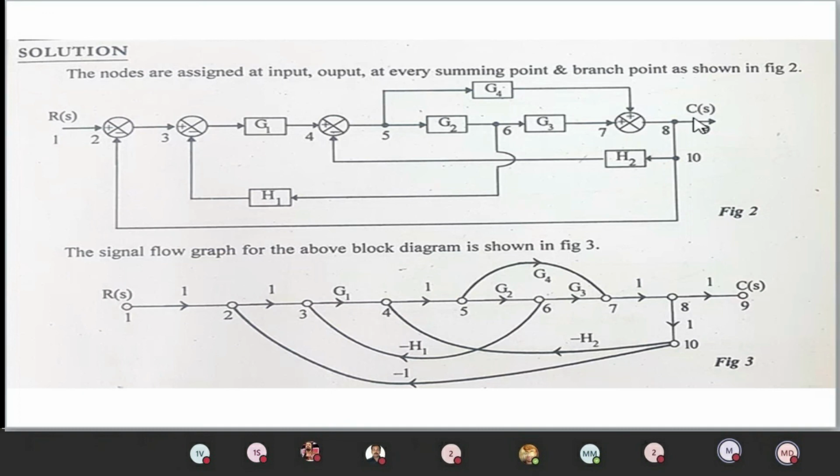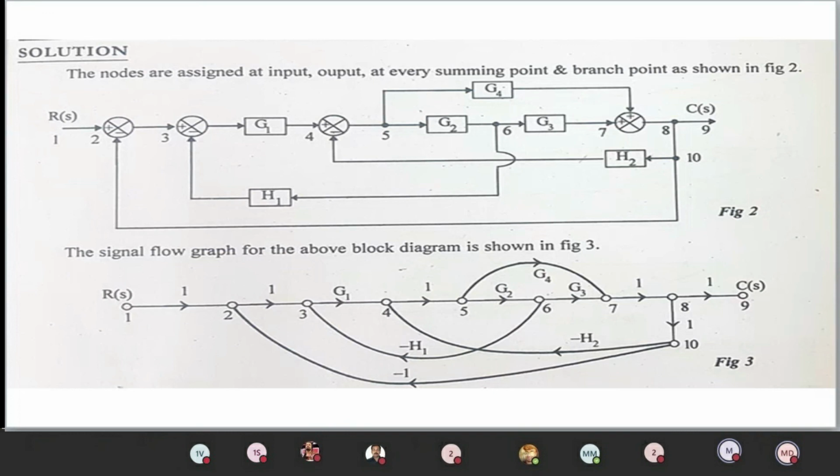From 8 to 10, no gain, unity. From 10 to 4, minus H2. From 6 to 3, minus H1. Once again, from 10 to 2, minus 1, because you can notice that from 10 to 2, you don't have any gain factor. So it is unity gain. So you can notice how easily you have converted a block diagram to signal flow.